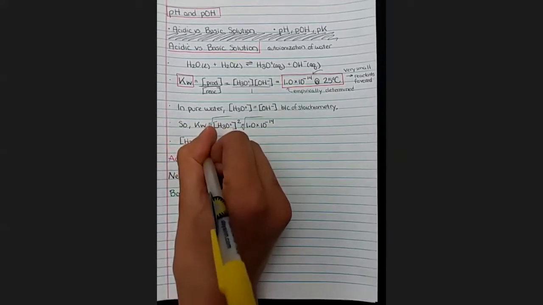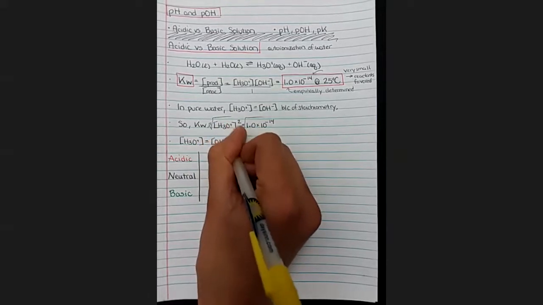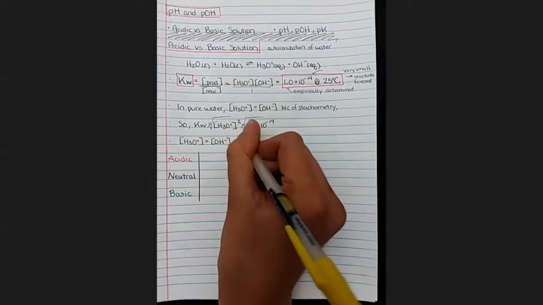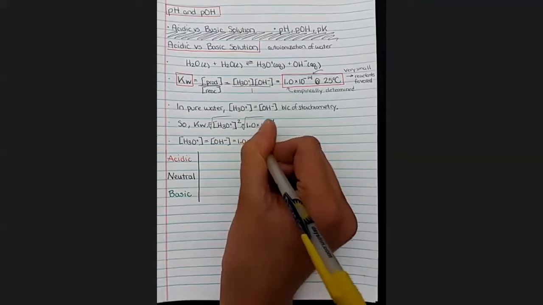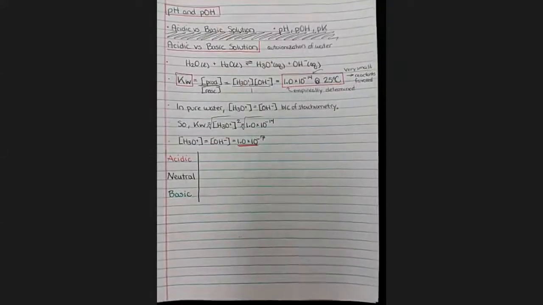So the concentration for H3O plus, which is equal to the concentration of OH minus, equals 1 times 10 to the negative 7th. So that number is going to be useful.